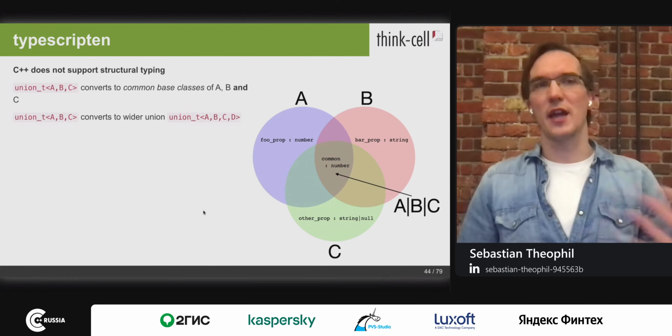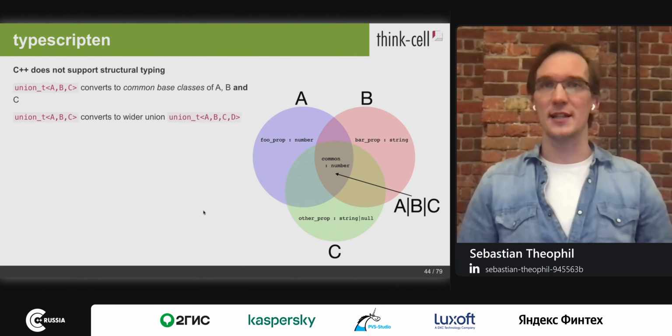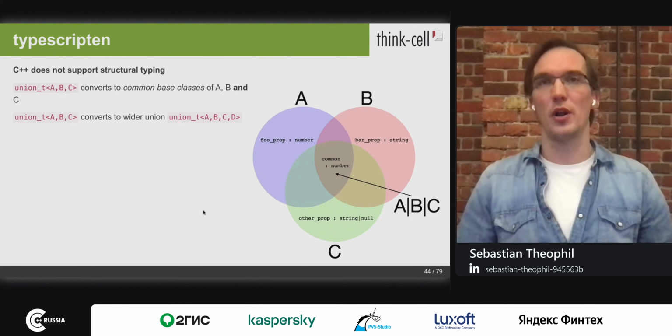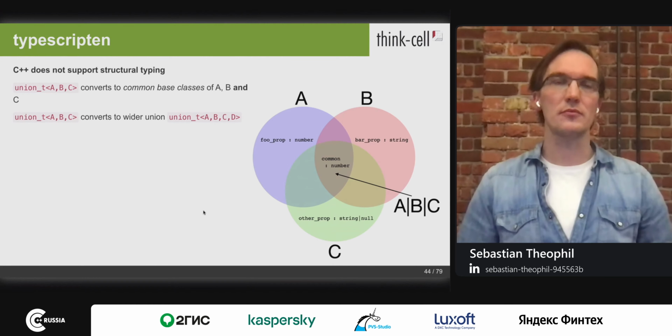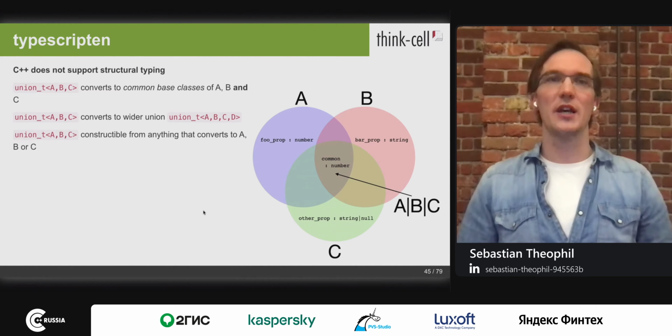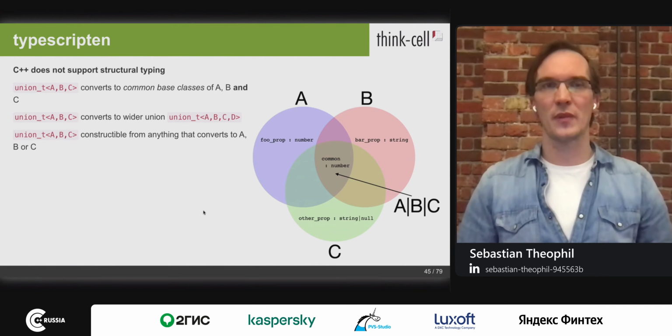We can also say that a union type ABC can convert to wider union A, B, C, and D, because that type will certainly have a set of properties which is the same or smaller. And we can also say that a union of A, B, or C is constructible from anything that can convert to A, B, or C.